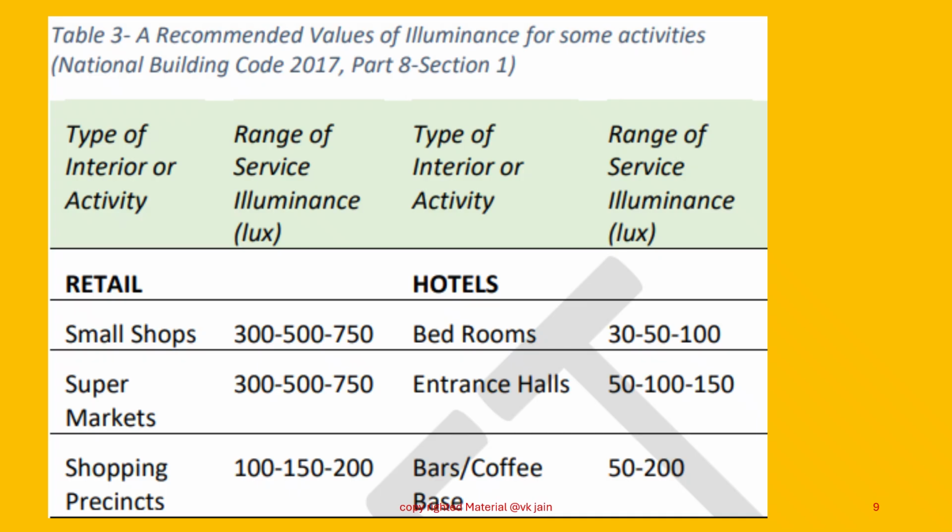In this particular chart you will be able to see that three values have been recommended in all cases. In case of a small safe, three values: 300, that is the lowest possible; 500, that is the desired value; and 750 is the higher end value, and similar for all others.